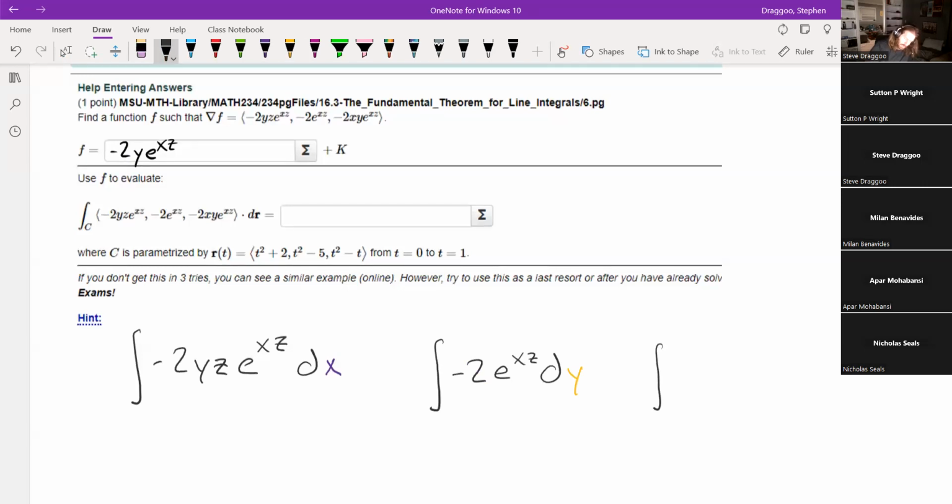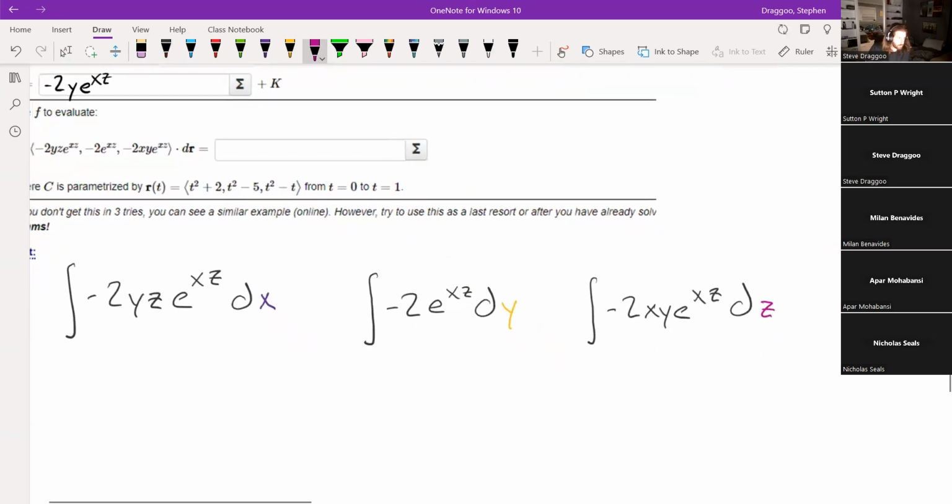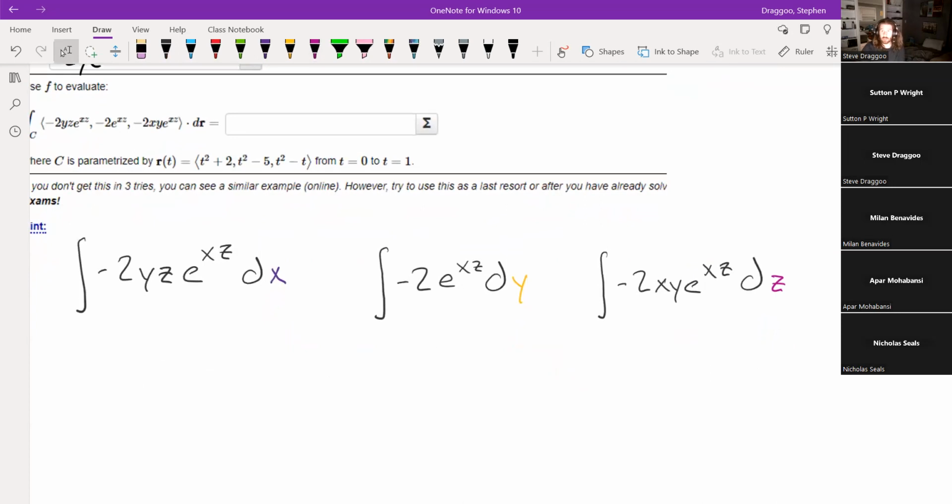And finally, integrate negative 2xy e to the xz dz. And look at the result of each of those.